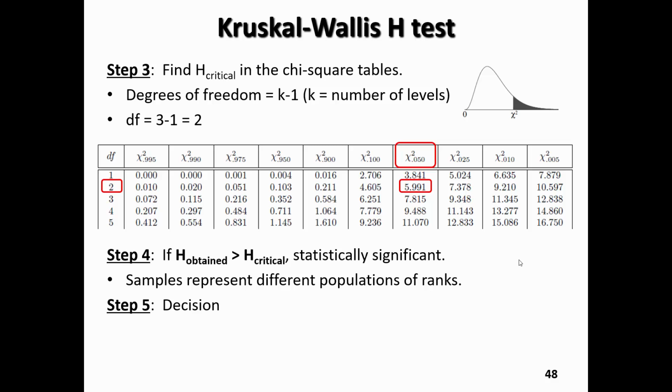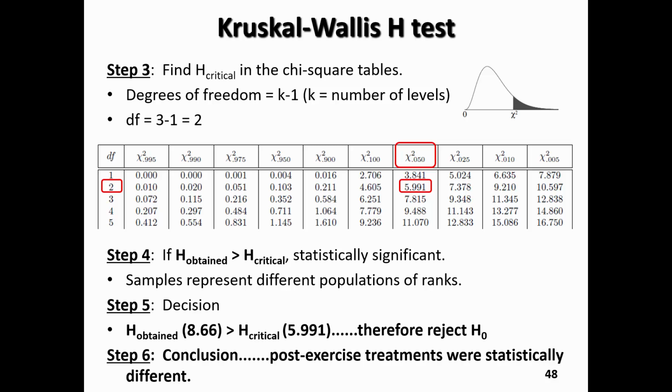So we end up making a decision that since our test statistic of 8.66 exceeds our critical value of 5.991, we reject the null hypothesis. Recall on slide number 46, our null hypothesis stated that there would be no differences in the ranks between the treatments. But since we now reject that null hypothesis, we conclude that the post-exercise treatments between the three groups were statistically different.